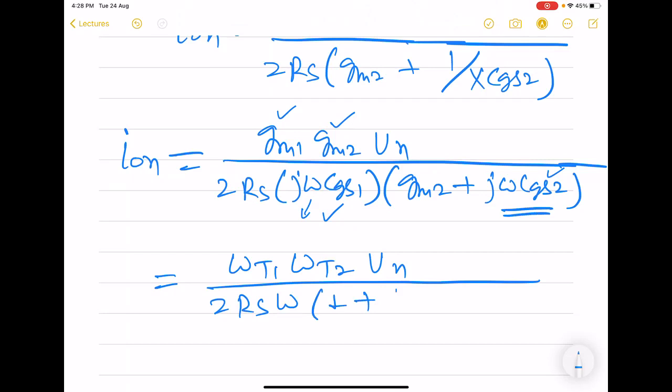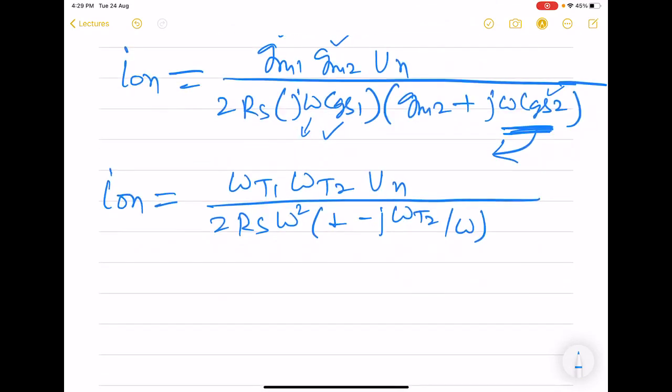So this will give rise to omega T2 by omega J. Of course there will be omega square because we have taken this whole thing common, and actually there will be a minus sign here. So we take this much common and we arrive at this equation IUN.